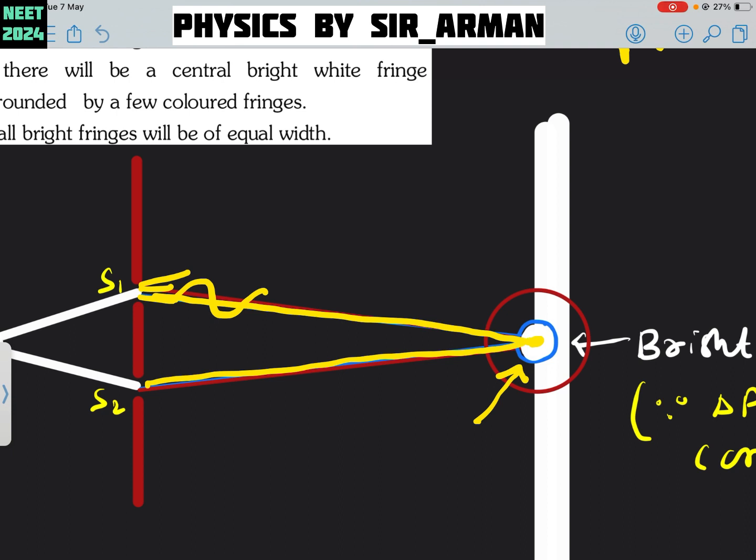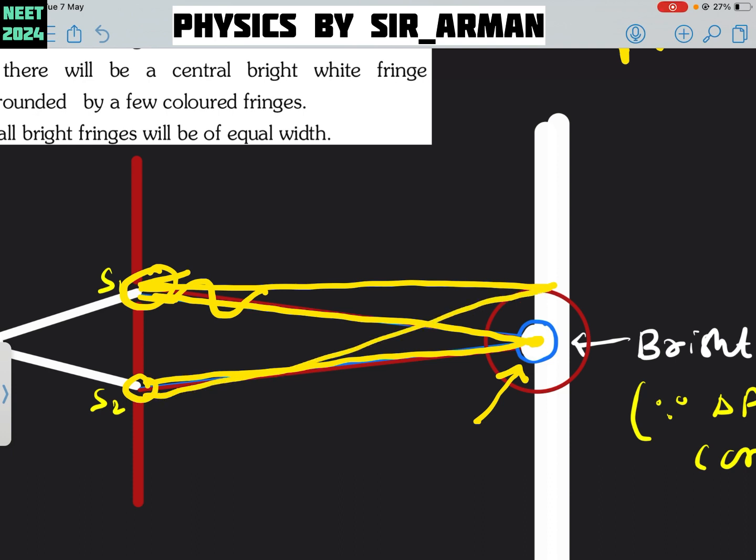So their path difference will be 0. But suppose a light coming from this point reaches here, and a light coming from this point reaches here, there will be a path difference.